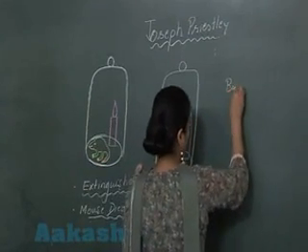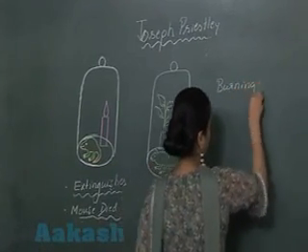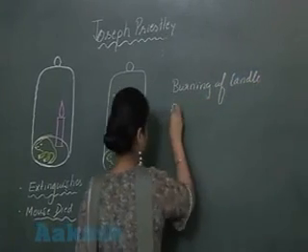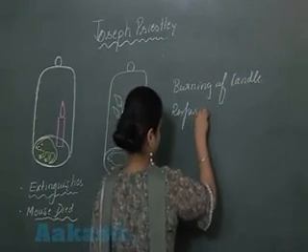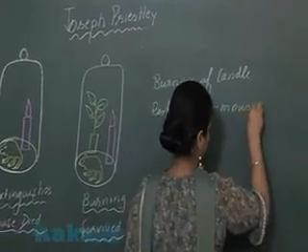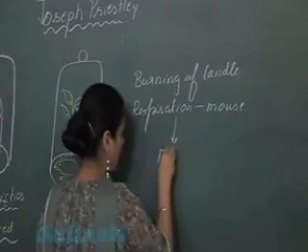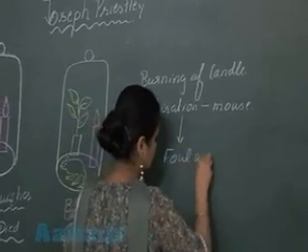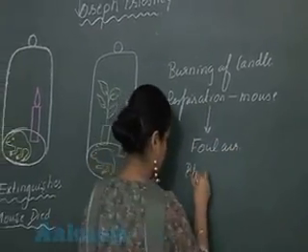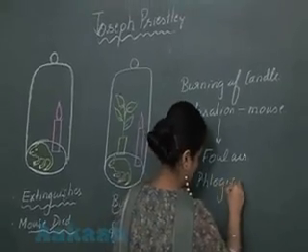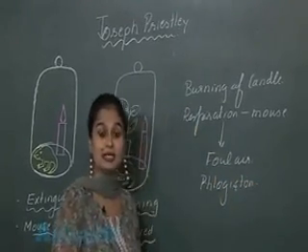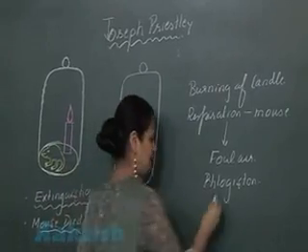So what is hypothesized? That burning of candle and respiration performed by mouse produces foul air, dirty air, that he called phlogiston. Right? But this foul air can be purified.